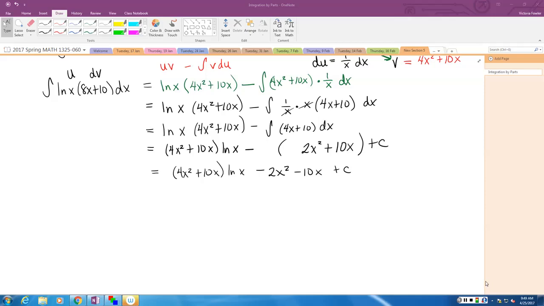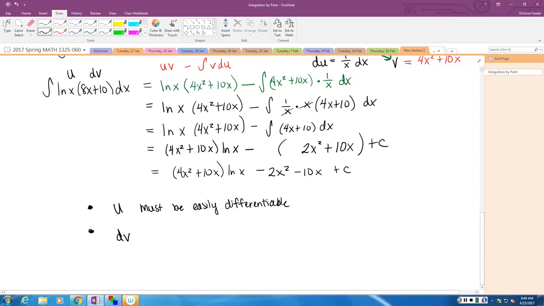Okay, so before we get to the next one, a few notes. I've already said them out loud. I'm going to put a little bullet point here. So u must be easily differentiable. And we're going to keep in mind that dv must be easily integratable.